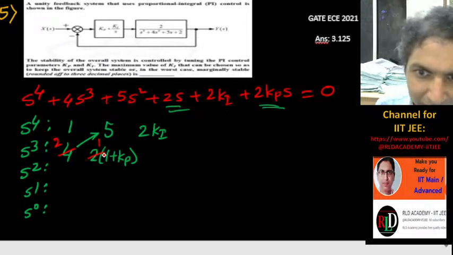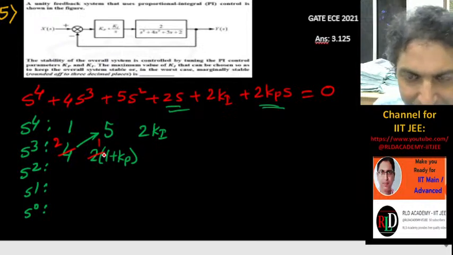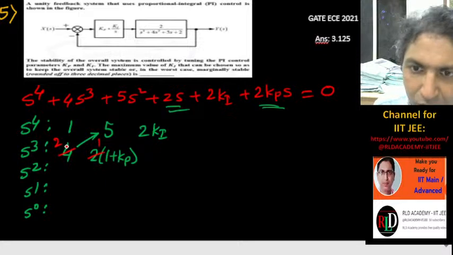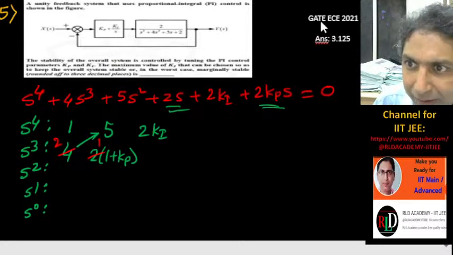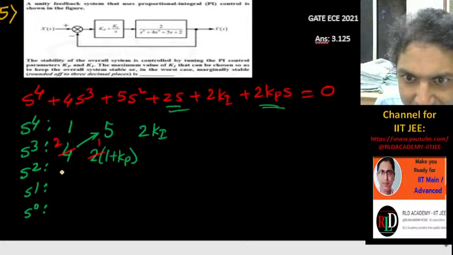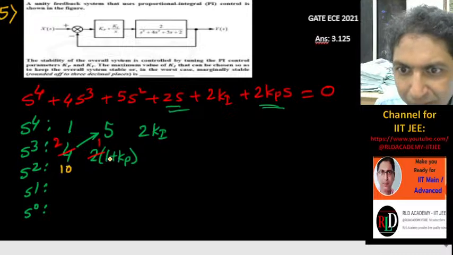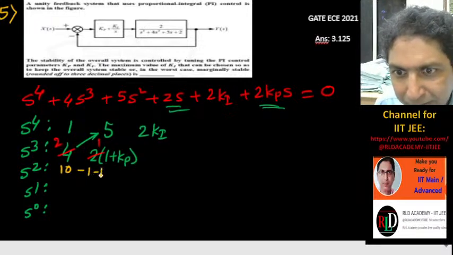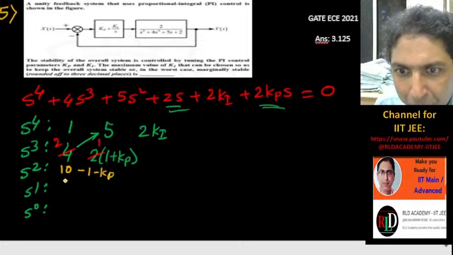All elements I can divide by the same factor, that is permissible. So this is 2 and 1. So what is happening? The next element: 2 into 5 is 10, and this is minus 1 minus Kp by 2.